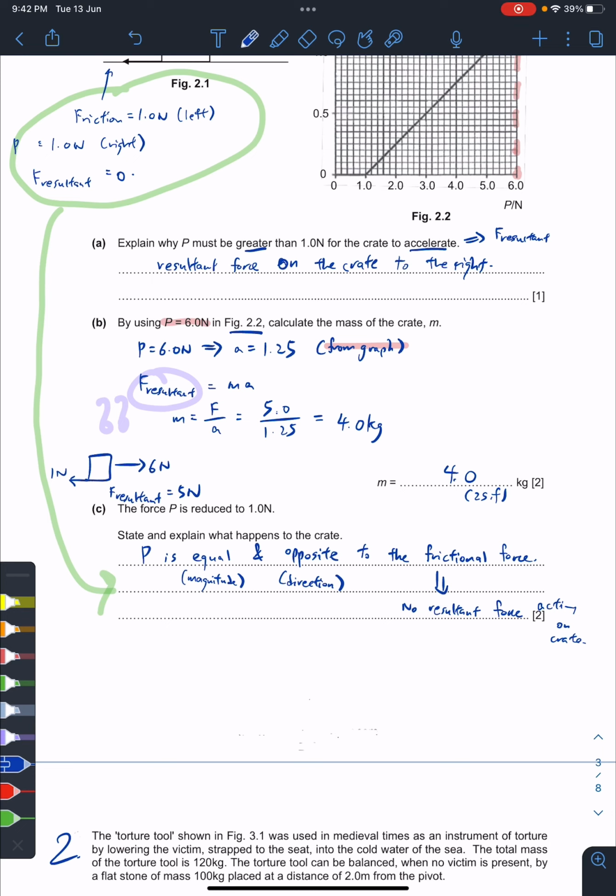Because why? You talk about the forces already, but have you talked about what happened to the crate? No, they don't have. So what should you be telling them?